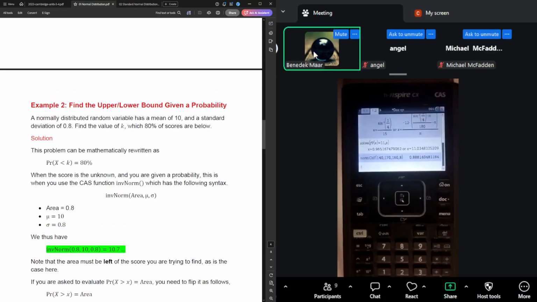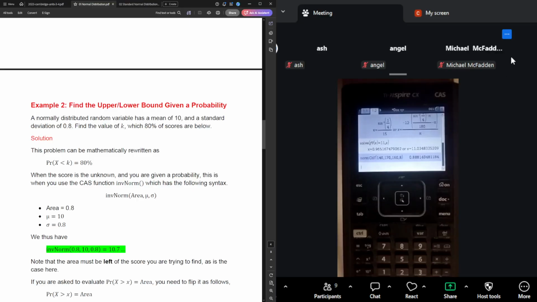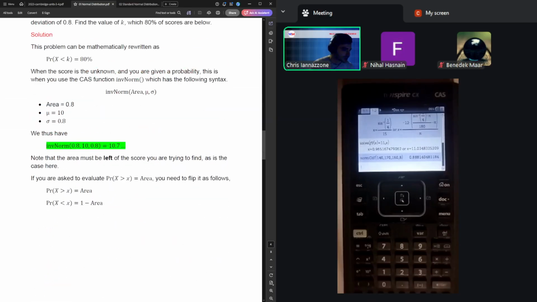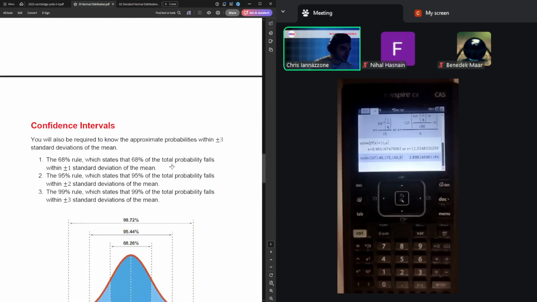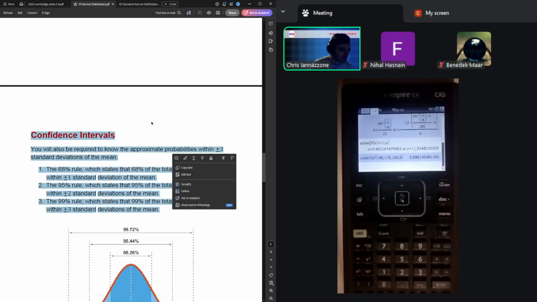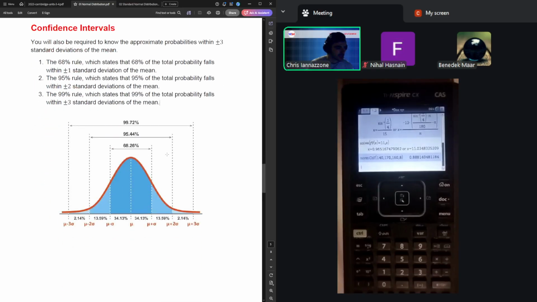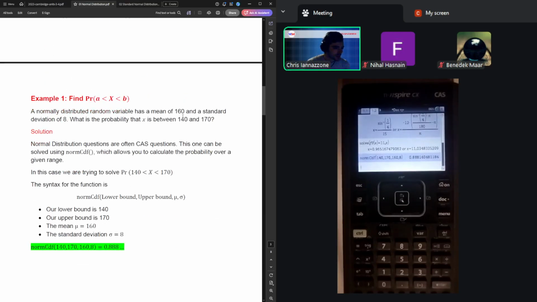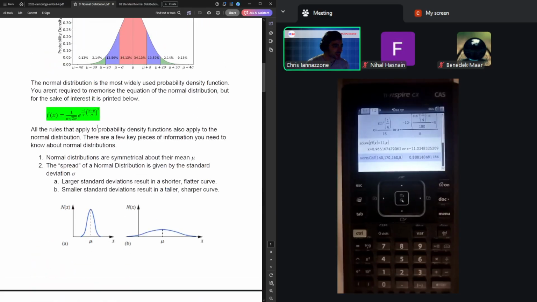Is there any way to calculate this not on CAS? Yep, so there is. That's where you get into some of the tech-free examples, which we'll start looking at in a moment with confidence intervals. It's where you start essentially approximating the probability. The normal distribution is a very complicated function, and so you're not at all expected to do an integral from 140 to 170 and try to integrate this thing, although that would work, right?